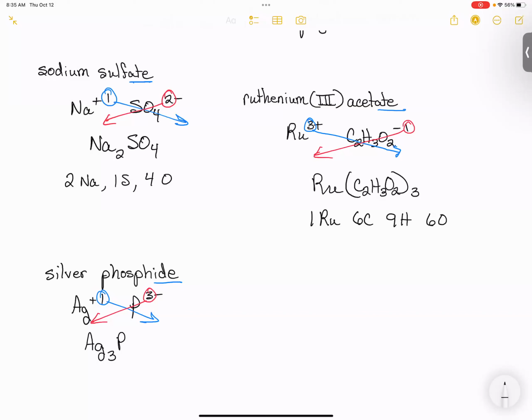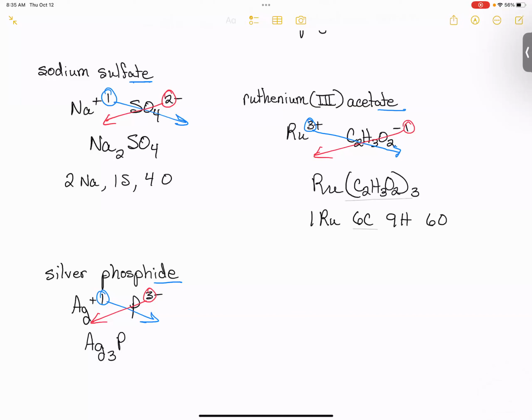So again, folks, with taking the name of the compound to the formula, this shouldn't be difficult. It shouldn't. But it always is. But it should not be difficult.